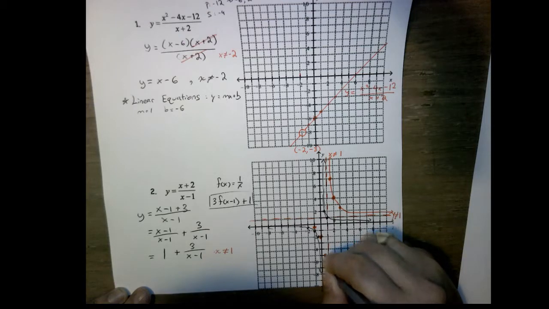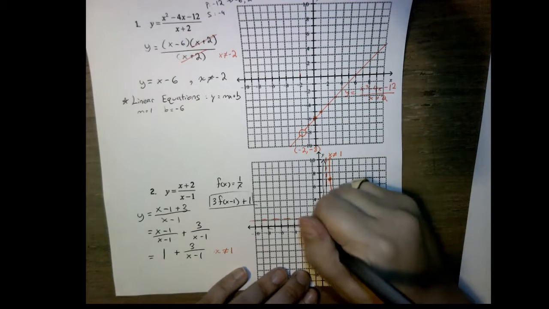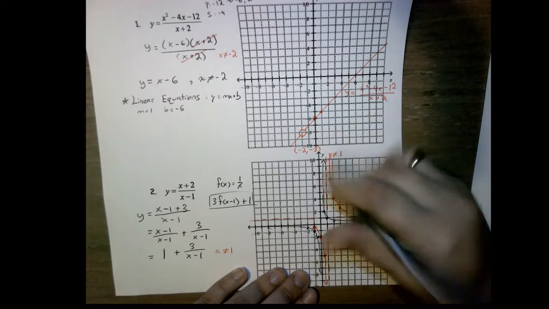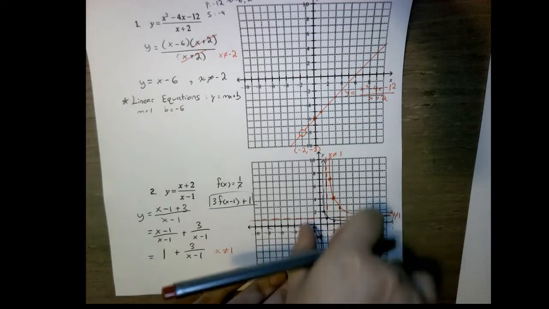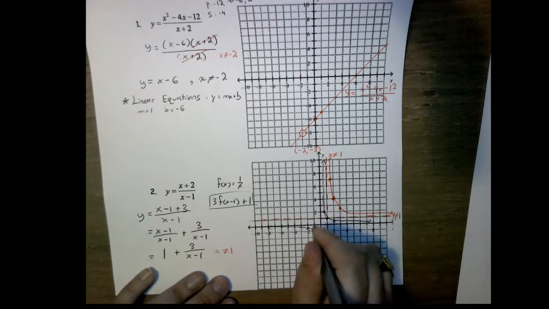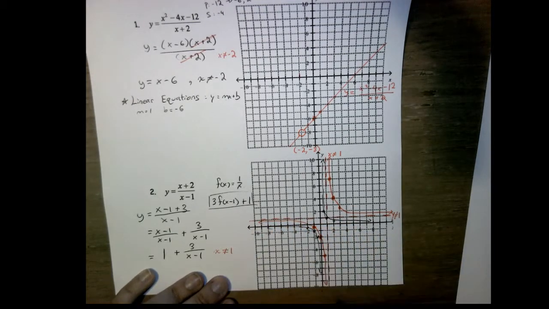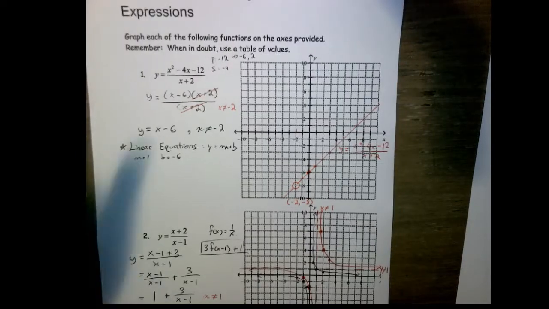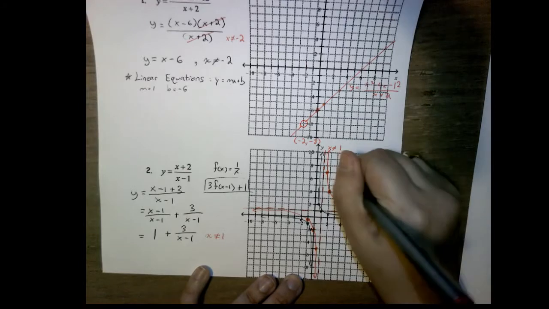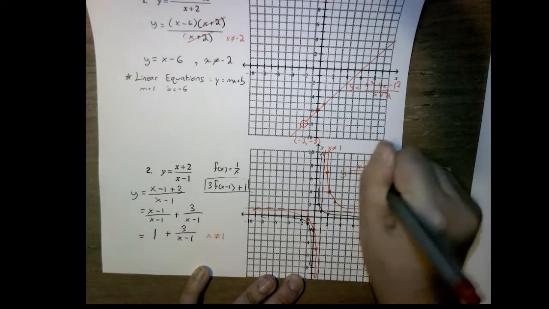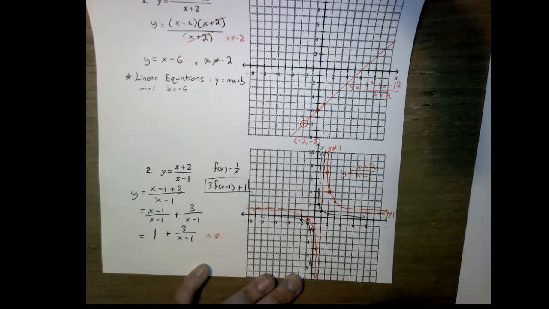So it's over here. All right, so here I have a line that kind of mirrors the other side, right? It's kind of like this one was mirrored over here. And it's approaching my asymptotes on both sides as well. So this red line that I've drawn is the graph of y equals (x plus 2) over (x minus 1).